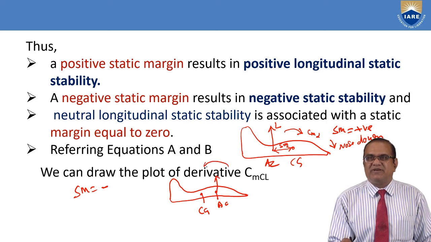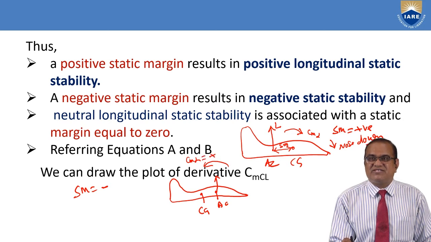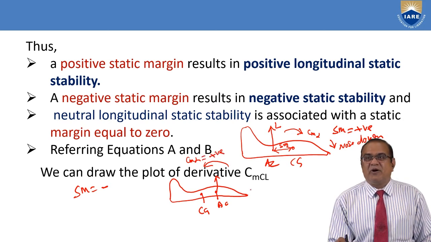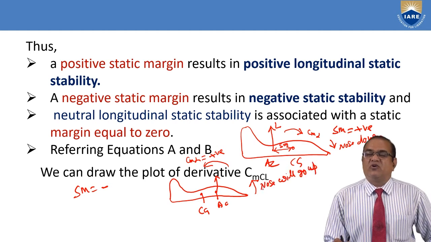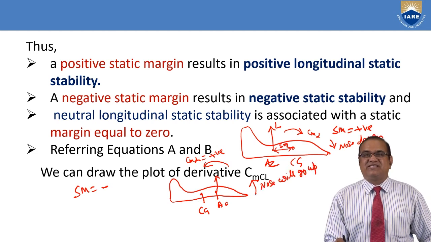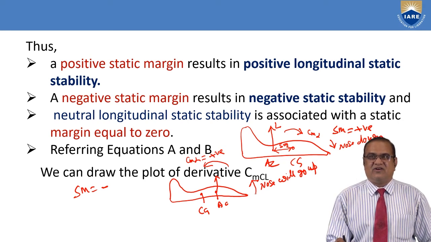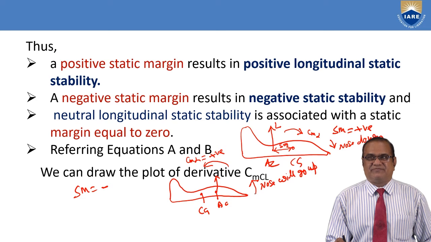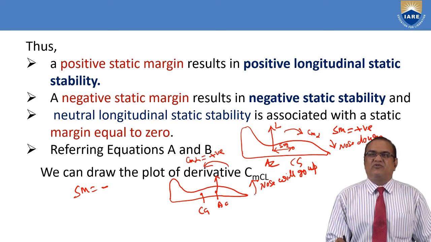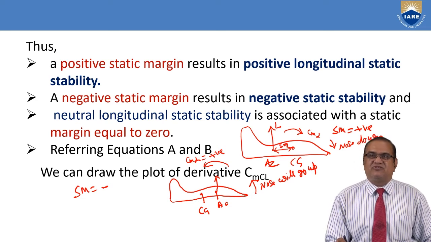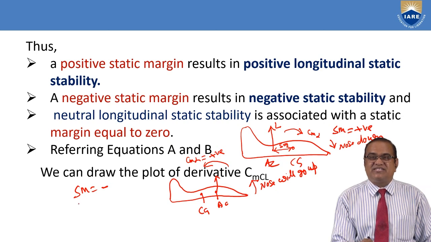So your moment will be here, Cm alpha, and this Cm alpha will be positive. So positive means nose will go up. In this condition, nose will go up. So aircraft is unstable or negative stable.